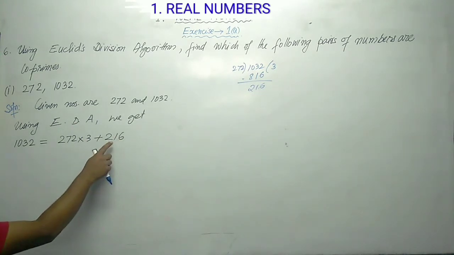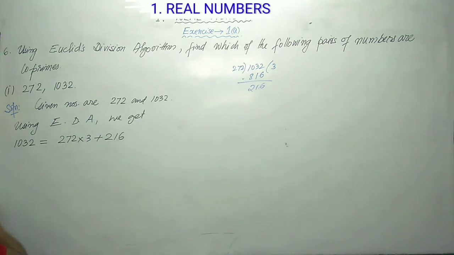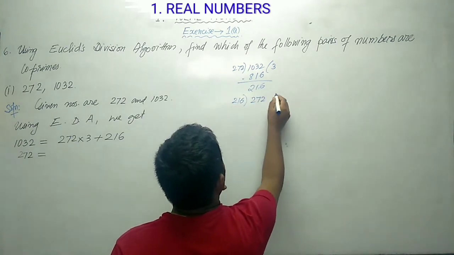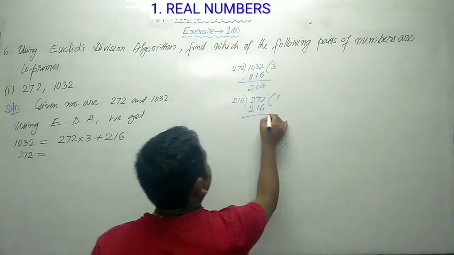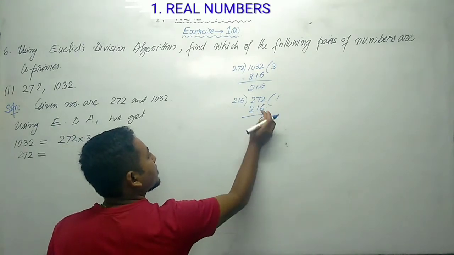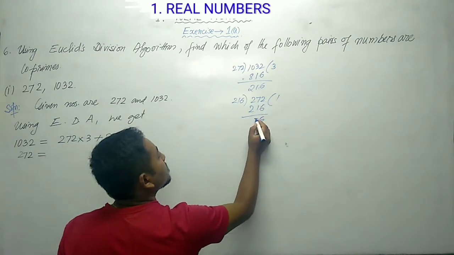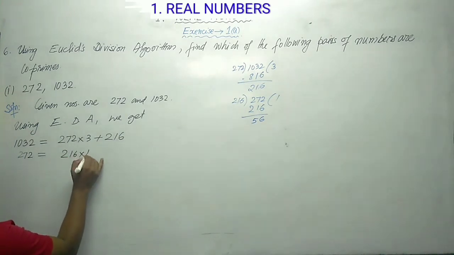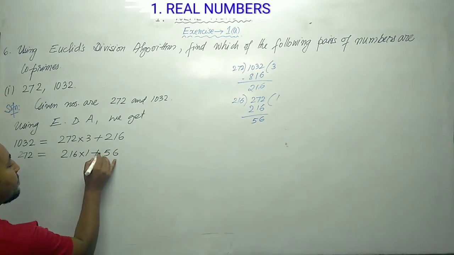Again, the remainder is not yet 0. Divide 272 by 216. 216 ones are 216. Let us subtract. You will have 216 into 1 plus 56.